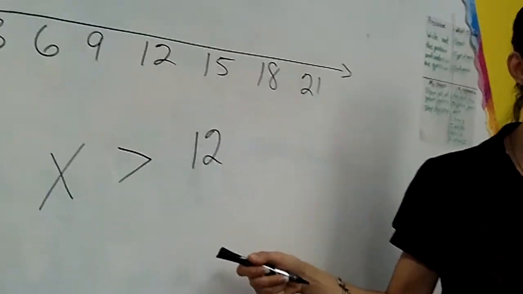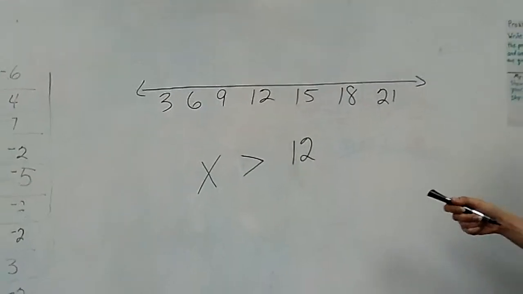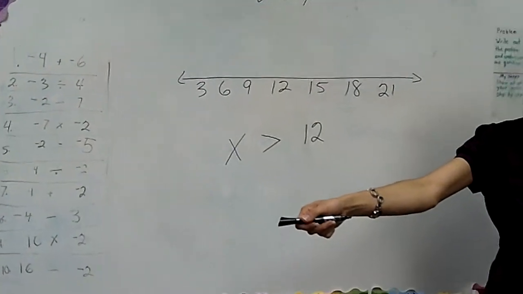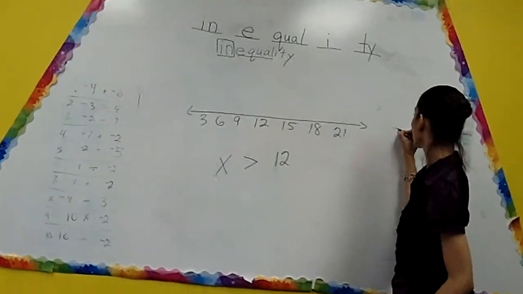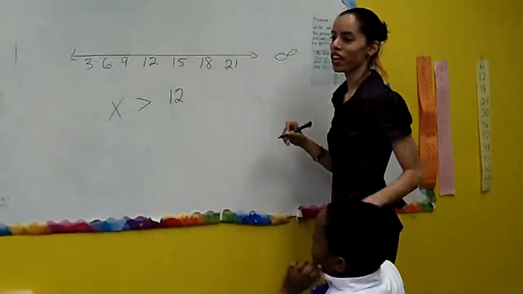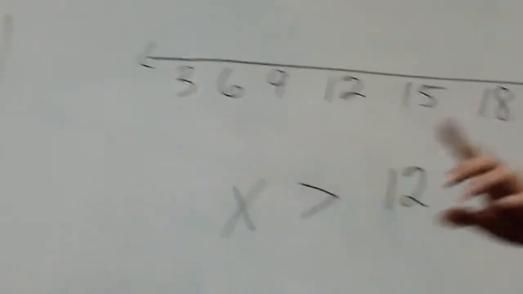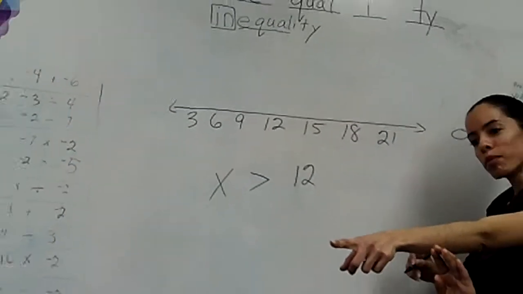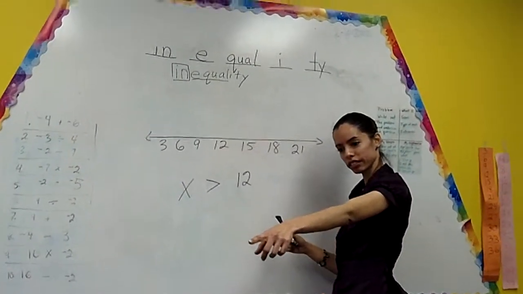Raise your hand if you can give me a number that's greater than 12. Yes, Ryan? Infinity. Okay. Well, infinity looks like this. That just goes on forever and ever. A zillion. I can't write that number. It's too big. Give me a number greater than 12.